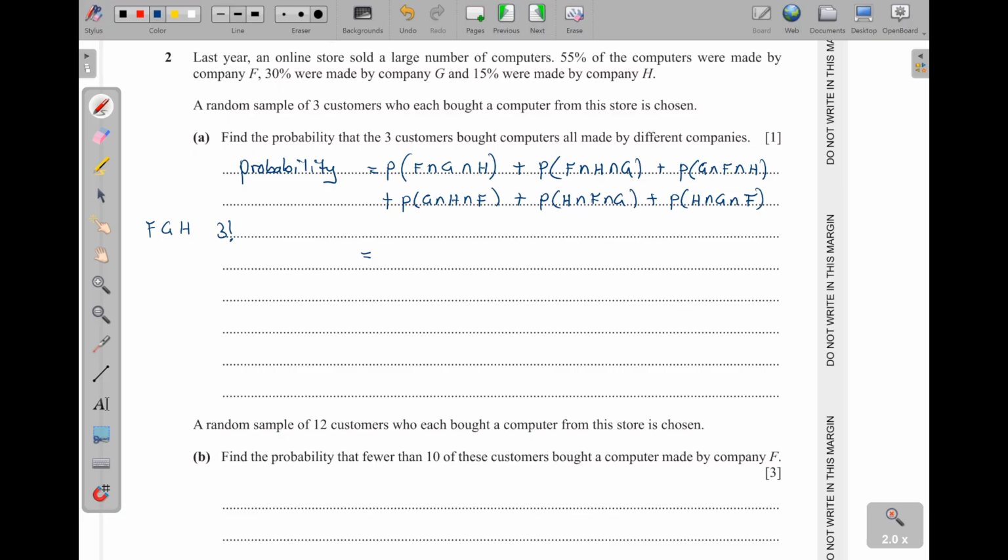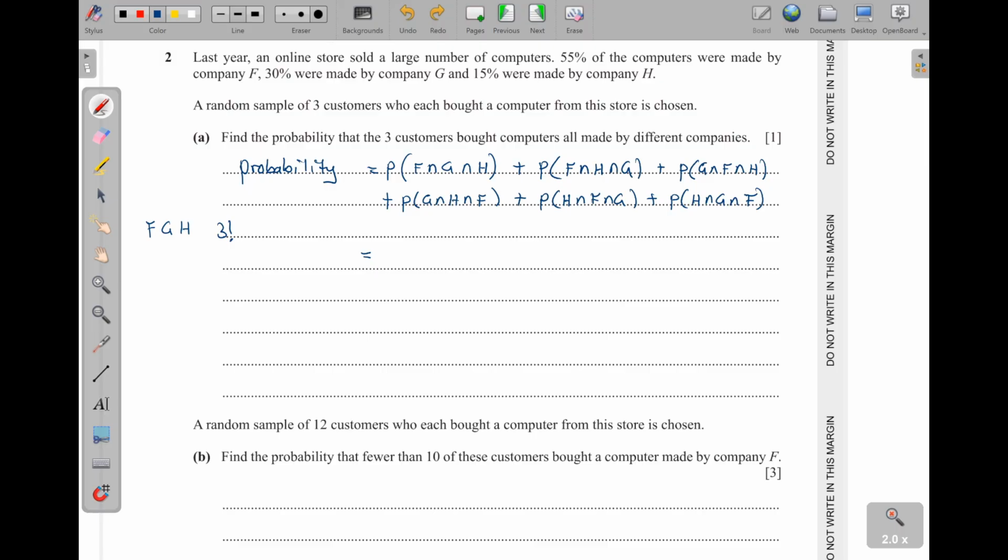So all of these have the same probabilities: the probability of F is 0.55, for G is 0.3, and for this one is 0.15. So all of them, we are going to have that multiplication, okay? But then they are appearing 6 times.